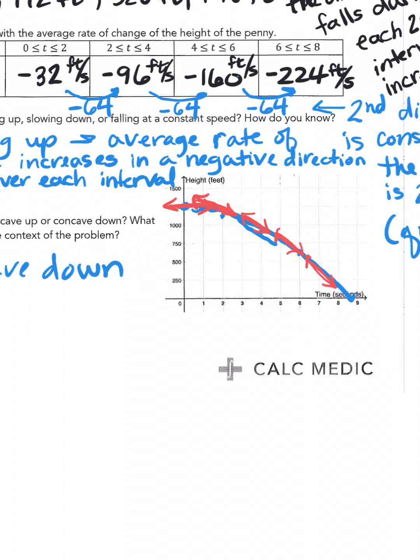It's getting what every time? The slope is getting steeper in a negative direction every time, isn't it? In other words, the slope is decreasing rapidly. Okay?